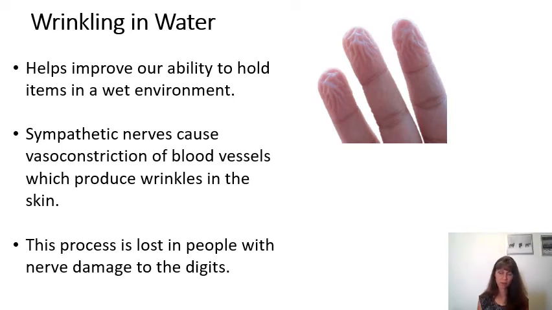If you've ever been in water for a long time, you may notice that the skin starts to get a wrinkled appearance. And the wrinkling occurs for two reasons. One is that some water will start to move into the cells by way of diffusion, and that causes them to enlarge a little bit. The other reason that wrinkling occurs is because our sympathetic nervous system will cause the blood vessels to vasoconstrict. They're going to close down, and that will also produce wrinkles in the skin.